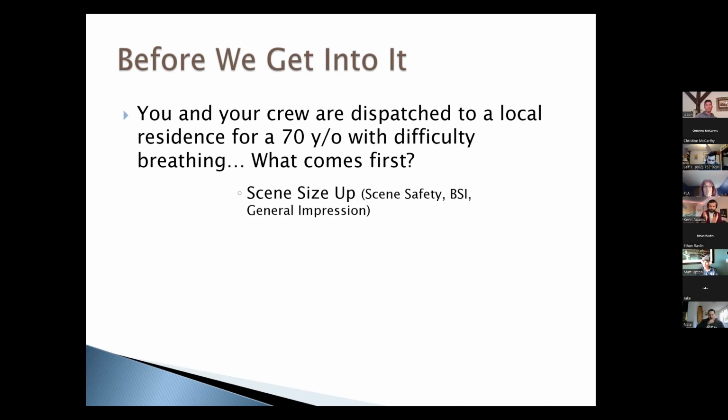From what our eyes tell us, what do we think is wrong? What might we expect a 70-year-old with difficulty breathing to look like, to present as? In the tripod position, potentially? Yep, they might be in that tripod position, leaning forward, resting their hands on their knees, trying to get some extra help with gravity and some pressure.